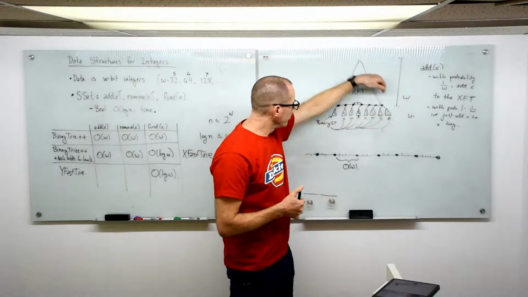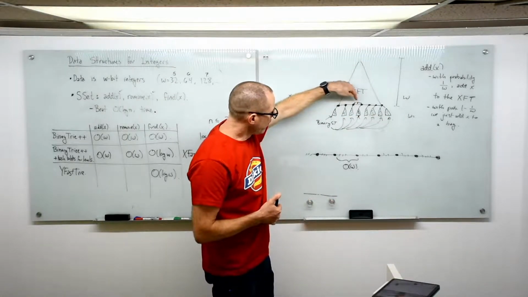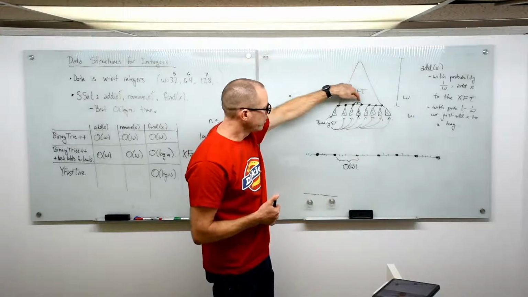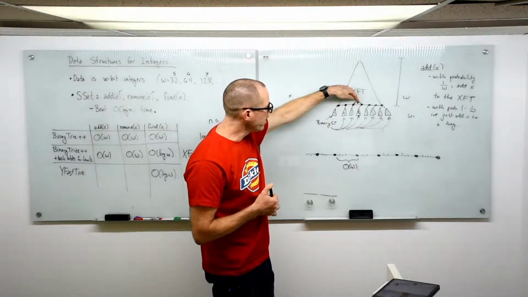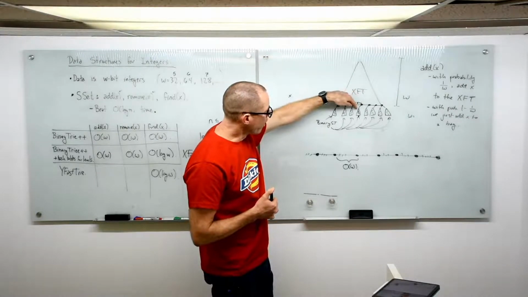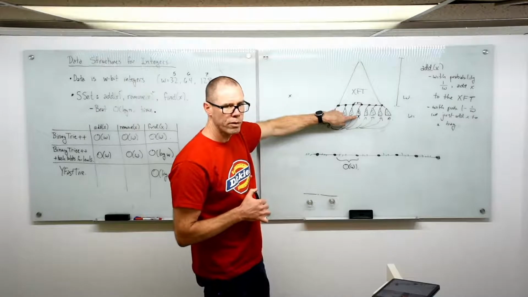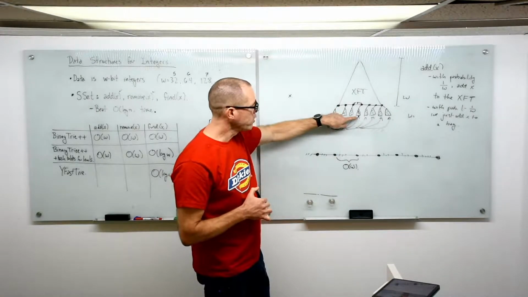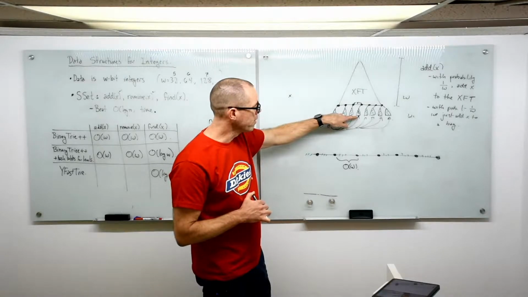When we want to add x, we search for it. We find it lies in between two values in the XFast trie, and that means we want to put it into the bag that's between those two values. That's just adding it to the binary search tree that's storing that bag. That's easy.